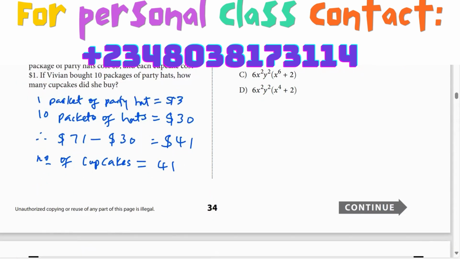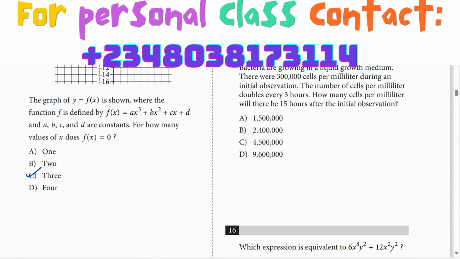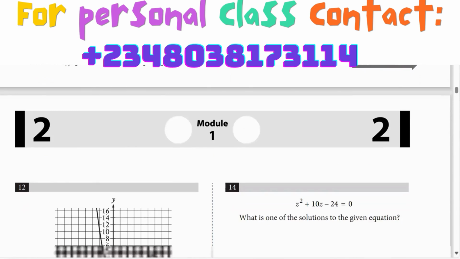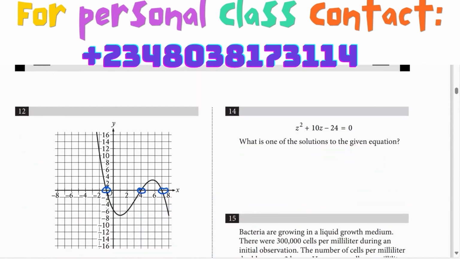So we proceed to the next question, which is question number 14. Now we have to solve this. So solving this, we factorize using 12 and 2. So this is going to give us minus 2 into this.